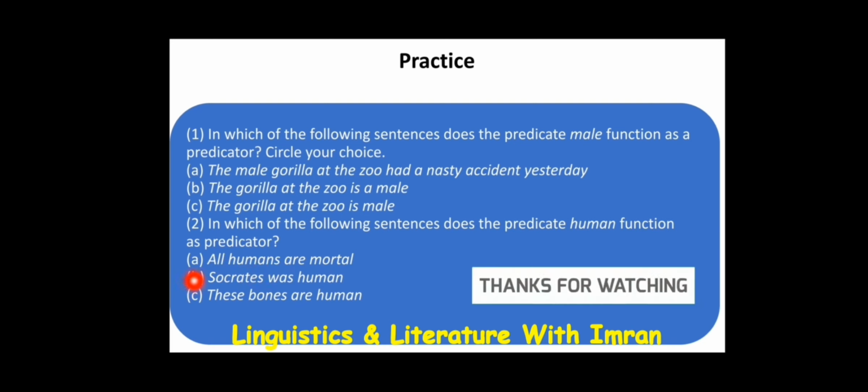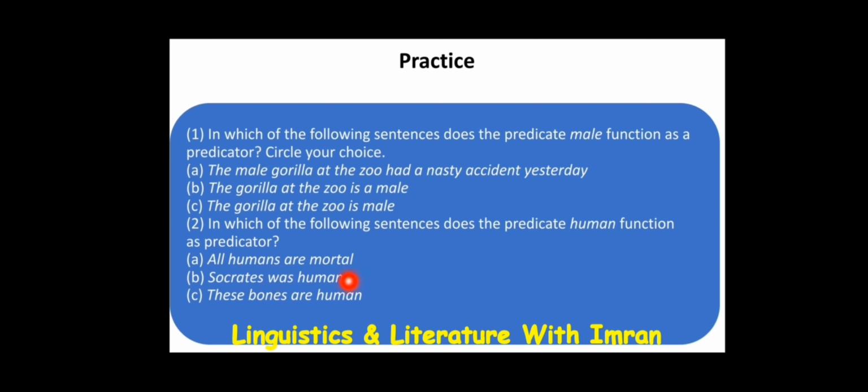In the second example, Socrates was human. Socrates is a referring expression, and human here is a predicator. And the third, these bones are human. These bones is a referring expression, and human is a predicator. So in examples B and C, human is used as a predicator.